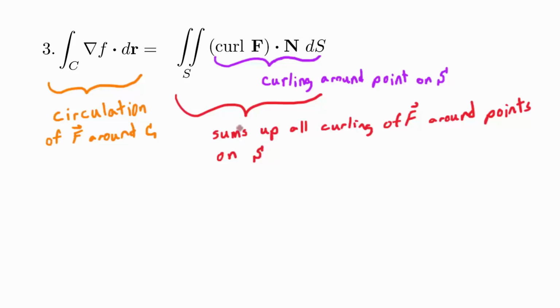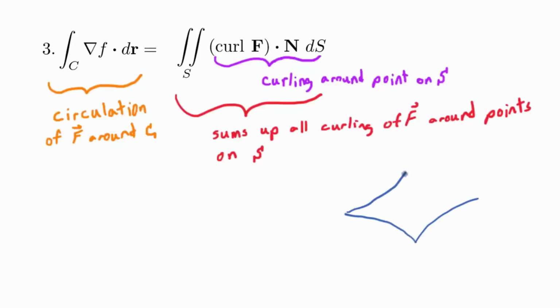So think of the circulation around points, back to that small picture. Think of circulation around points on S. What this is saying basically is that a lot of the curling around individual points on S cancel out. They cancel each other out. If you were to draw a picture, I wasn't going to do this right now, but I got going on it, so I will.